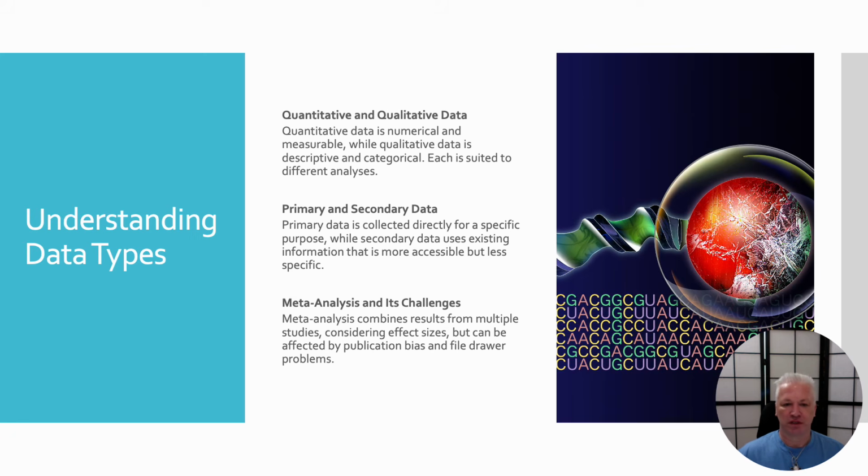So to summarise, quantitative data is numerical, objective and reliable. Qualitative data is rich, detailed, descriptive data. Primary data is collected by the researcher, while secondary data is already existing, and the meta-analysis helps to identify broader patterns that can be affected by bias.